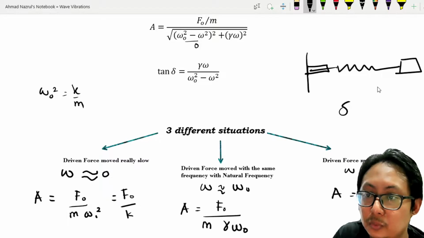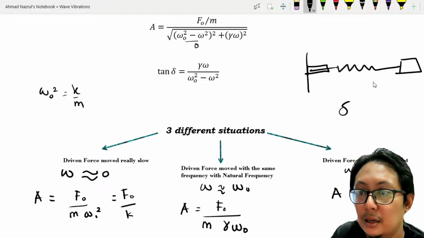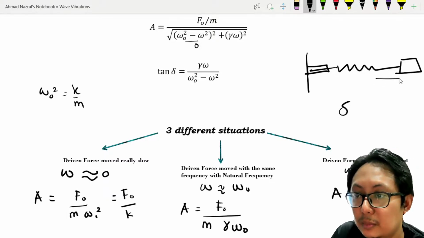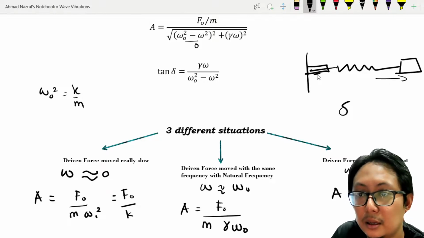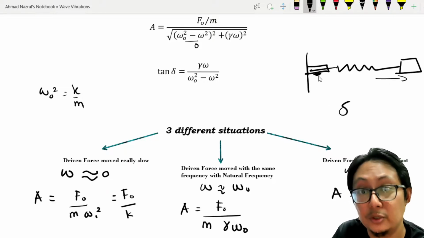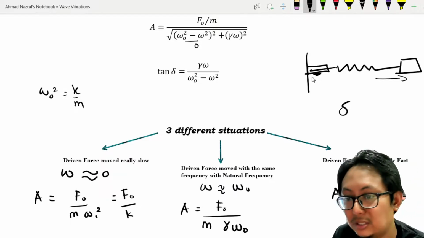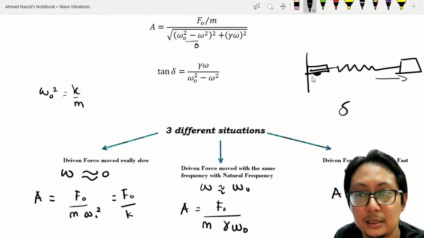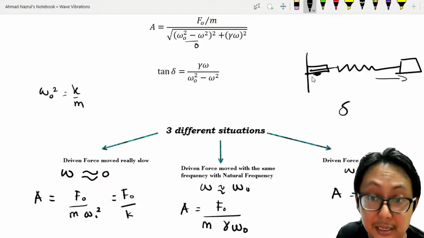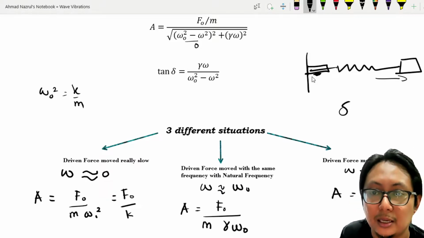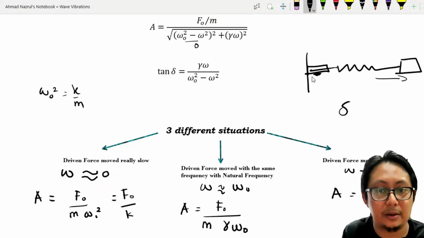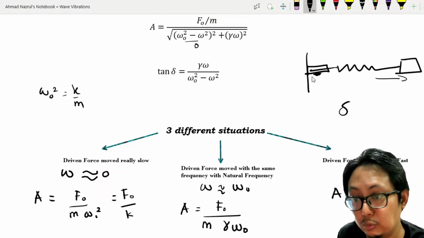The delta is the difference between the movement of the MassSpring system and the box itself, because the box has its own frequency. They oscillate. I think it's very simple when we discuss the pendulum later. I will try to show you the physical way to explain these three different situations.